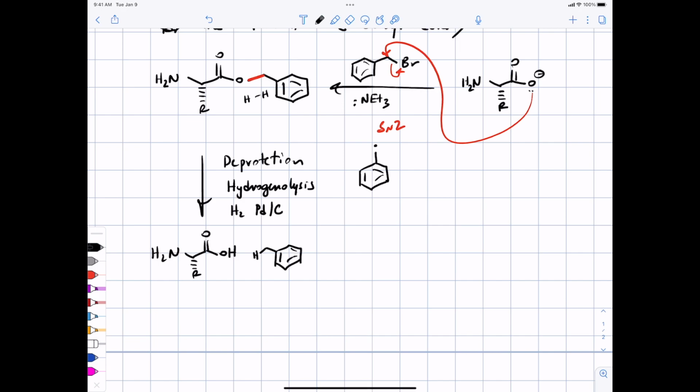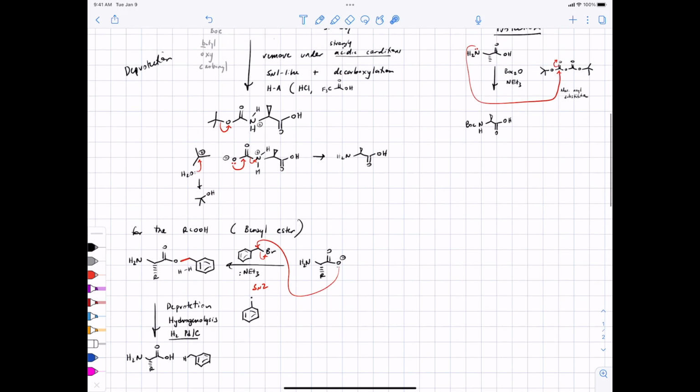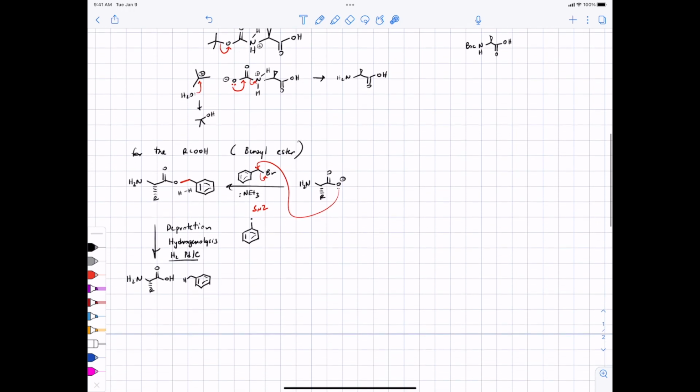And hydrogenolysis is a really fast and easy reaction to do. There's no byproducts, essentially. I guess you've got toluene as a byproduct, but that's easy to separate from your amino acid. Okay? So, we've got a protecting group for the amine, we've got a protecting group for the carboxylic acid.